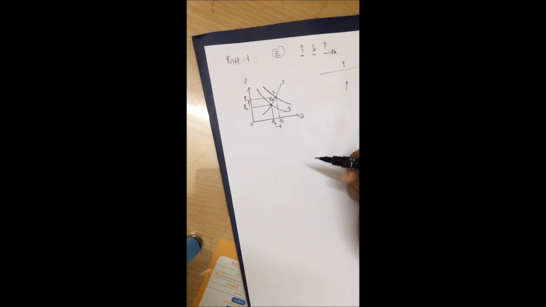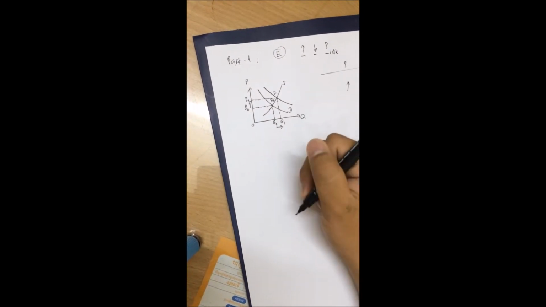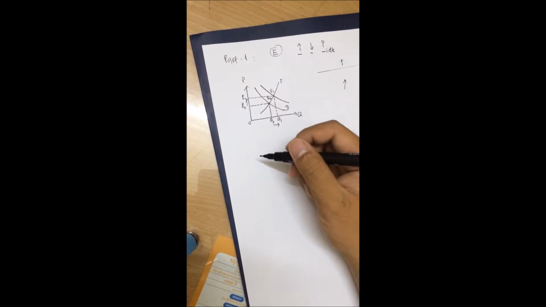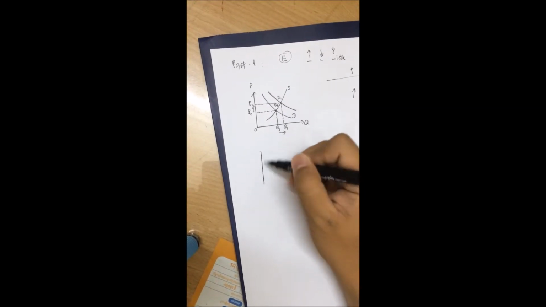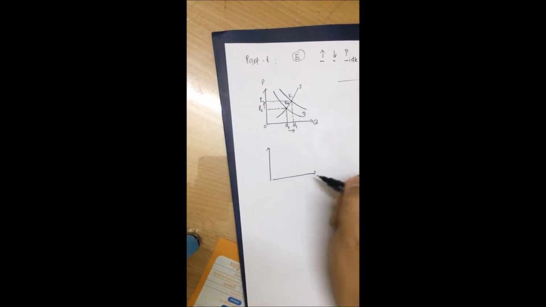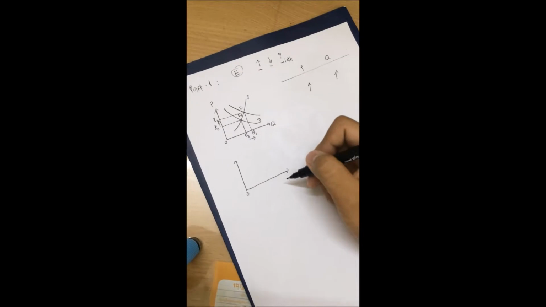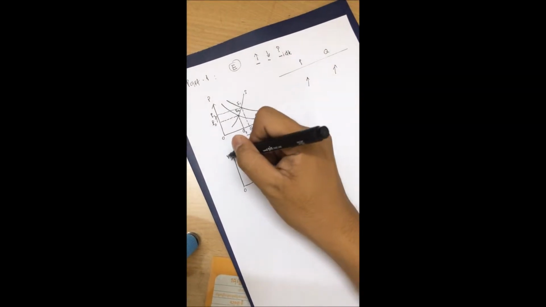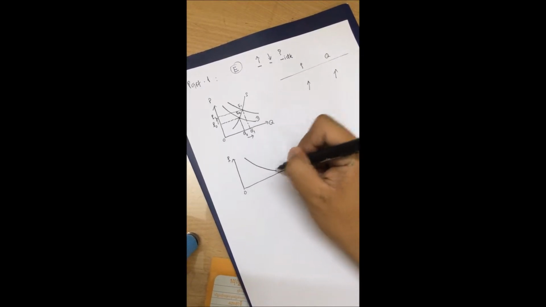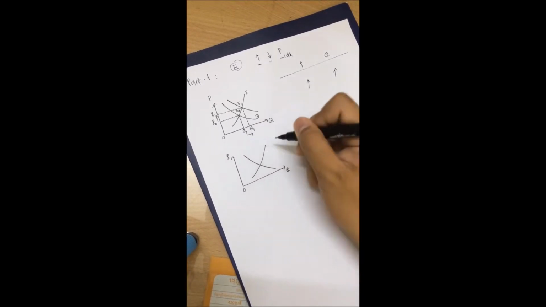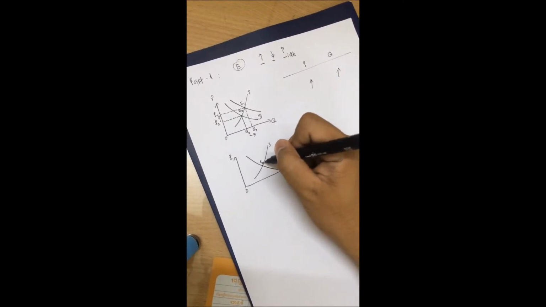Now look at the second part. The second part, you've got the demand decrease. So you do the same thing. You draw just a simple one, S and D. This is E0.